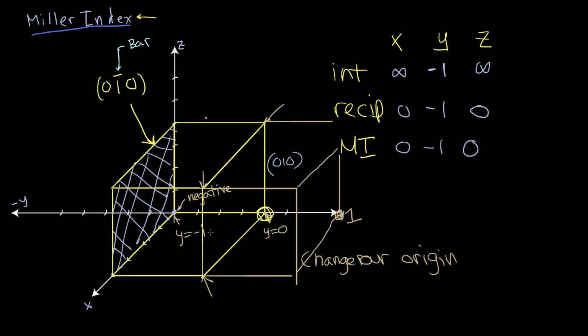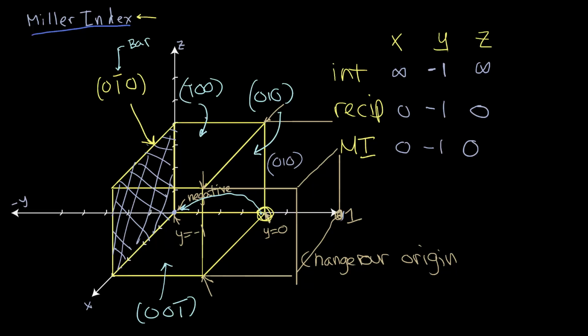So we could place our origin back to where we started, and this plane would still be the 0, 1 bar, 0 plane, and then this plane would still be the 0, 1, 0 plane. And we could do this for any of the other faces of the crystal. For this bottom face, we would have 0, 0, 1 bar. And for this back face, we would have 1 bar, 0, 0.